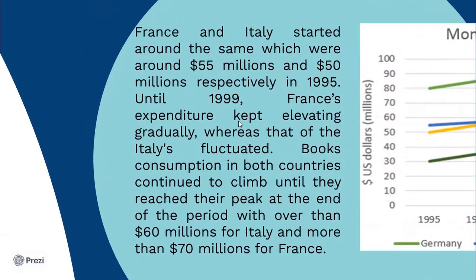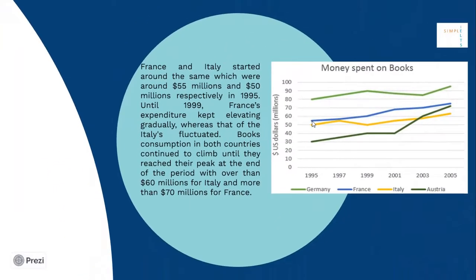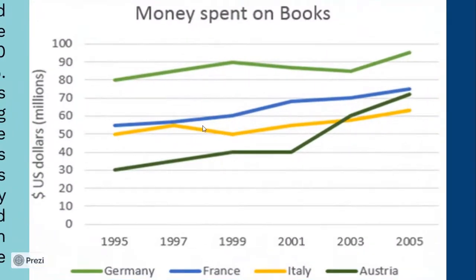We can write it like this. France and Italy started around the same, which were around 55 million US dollars and 50 millions respectively in 1995. Until 1999, France's expenditure kept elevating gradually. So it elevated, or it increased bit by bit.